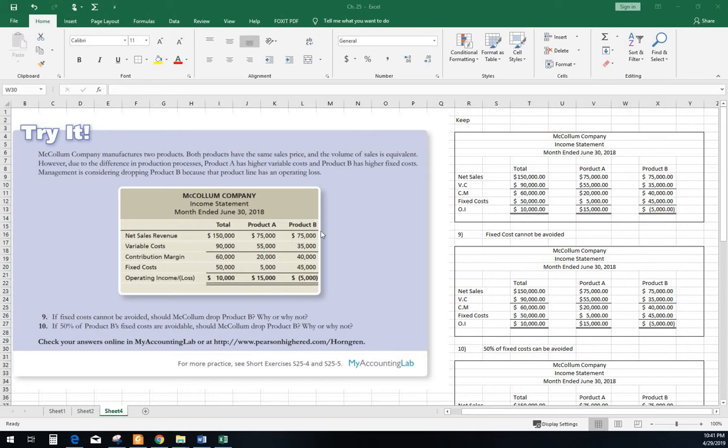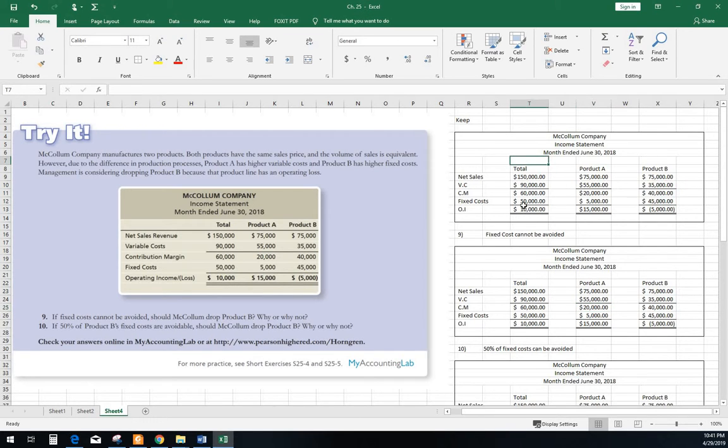Why or why not? Okay, so question number 9 assumes that fixed costs cannot be avoided. So what we're going to have to do is compare the two scenarios. So what I did was I just copied this income statement here, and I copied it here, and we'll change the numbers, and depending on which number is higher, that will determine which scenario that we go with.